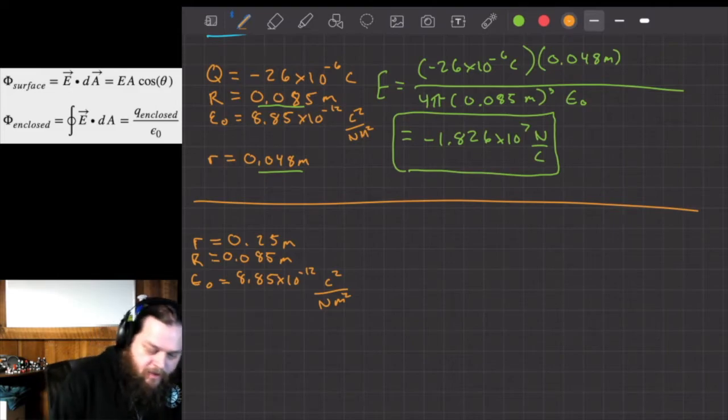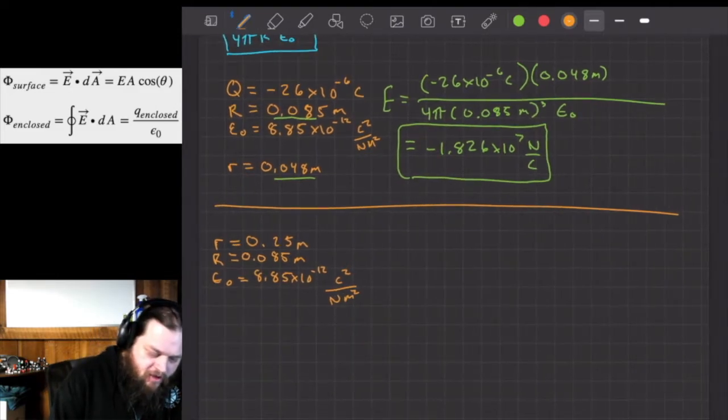And we have everything we need to solve this now, right? Because the charge enclosed, that Q, is the entirety of negative 26 times 10 to the negative 6 coulombs.